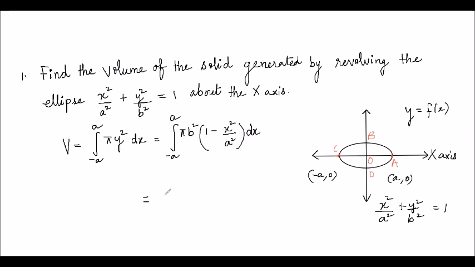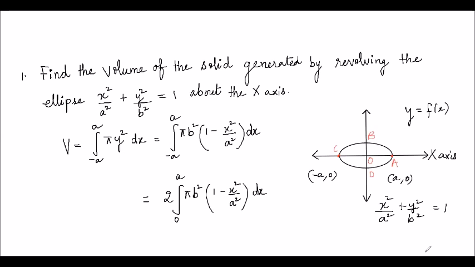So by using the properties here, we can rewrite this as 2 times integral from 0 to a, pi and b square, these are the constant terms, 1 minus x square upon a square dx. Let us integrate it. Two pi b square, these are constant terms. When we integrate 1, it will become x, and when we integrate x square, it will be x cubed by 3.